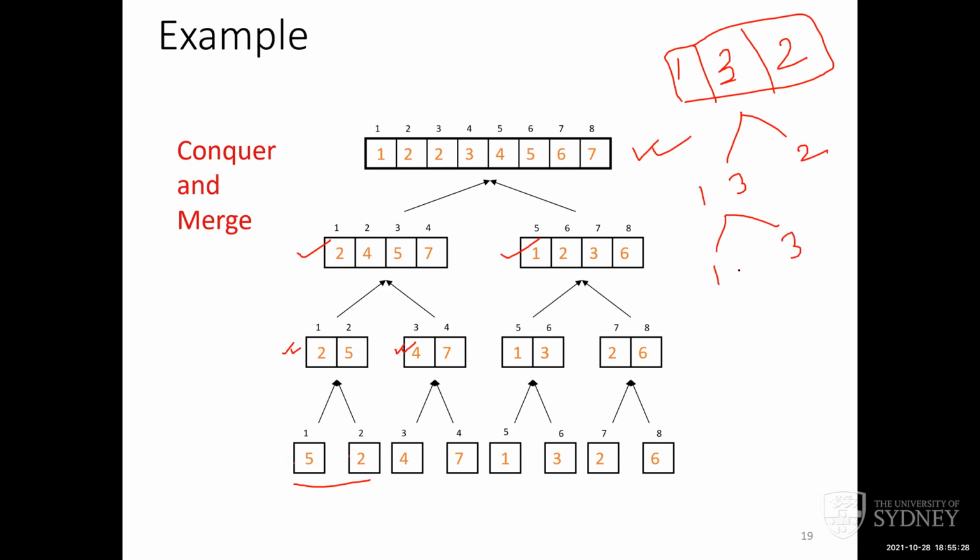Then I will start to combine. So first I will combine 1 and 3. I will get 1 and 3. So this is a sorted list. I have 2, that is a sorted list. Then I'll combine these 2, and from there I will get 1, 2, 3. Hopefully that is making sense. So in here, everything is nice. Everything has 2 elements, but in here, something might have only 1 element.